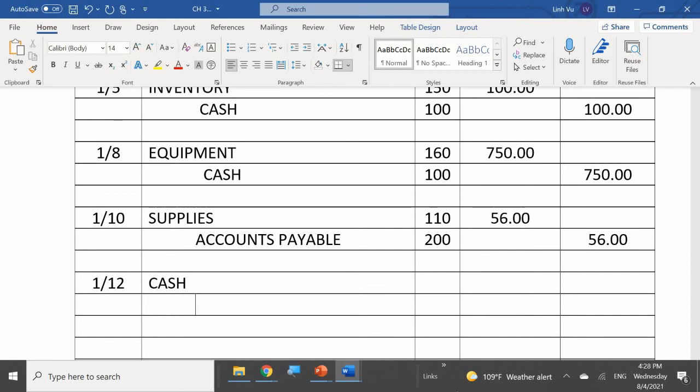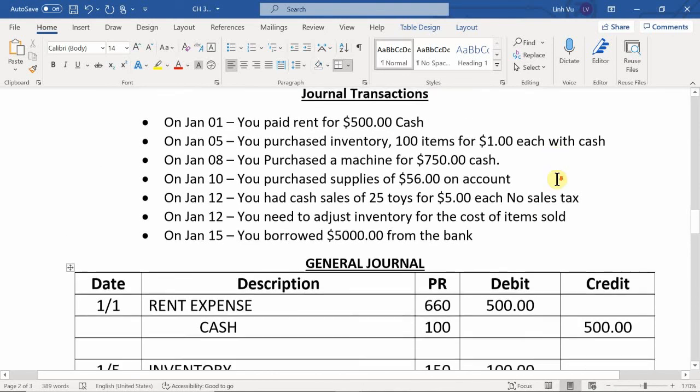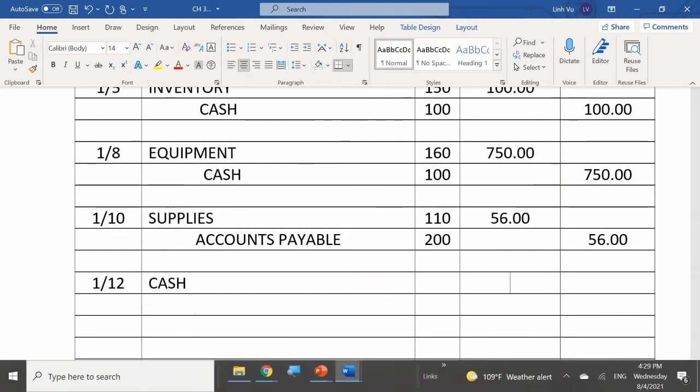Now, in this case, what's my credit account going to be? I check how many we have. 25, 125. Good, 125. So that means I received $125 in cash.